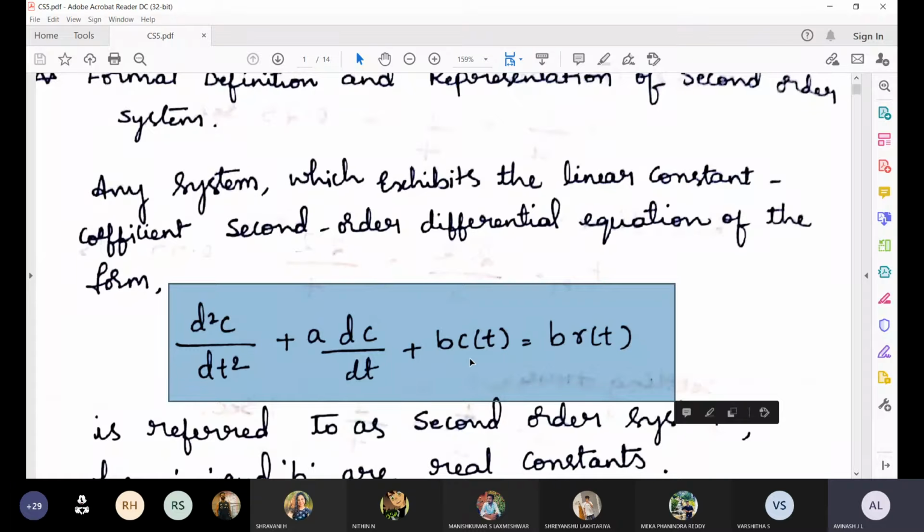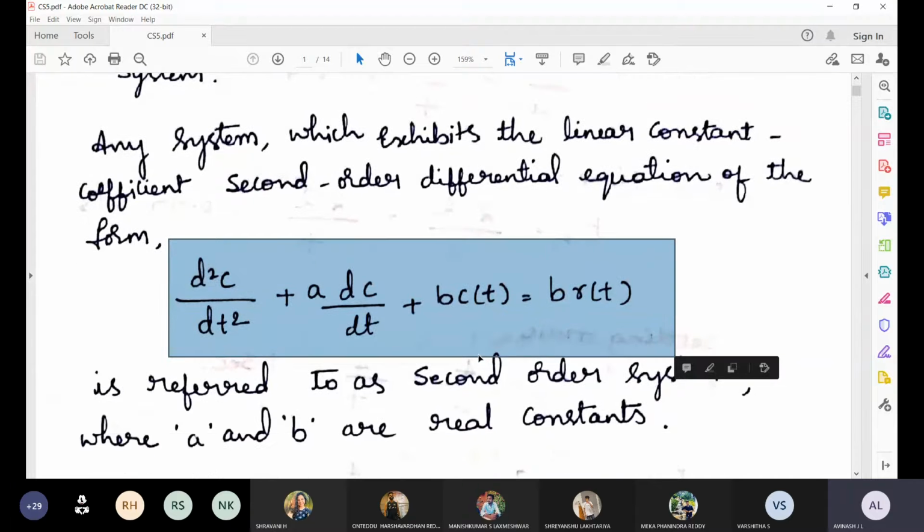Here R of t represents input, C of t represents output. Second order differential equation means two times differentiation should be there, that is d square C divided by dt square. So in this format we have taken the equation d square C by dt square plus A into dC by dt plus B into C of t equal to B into R of t.